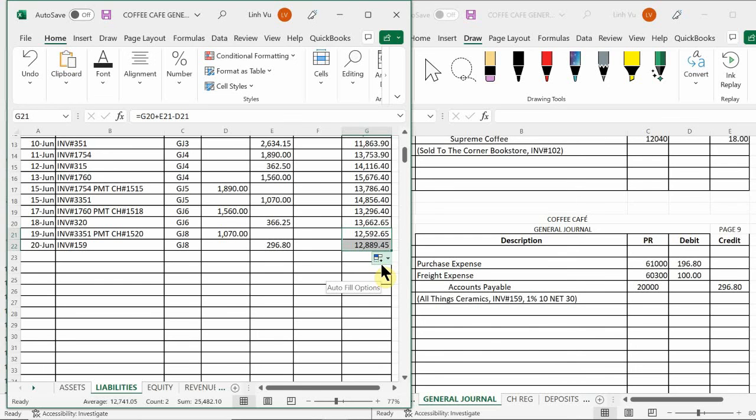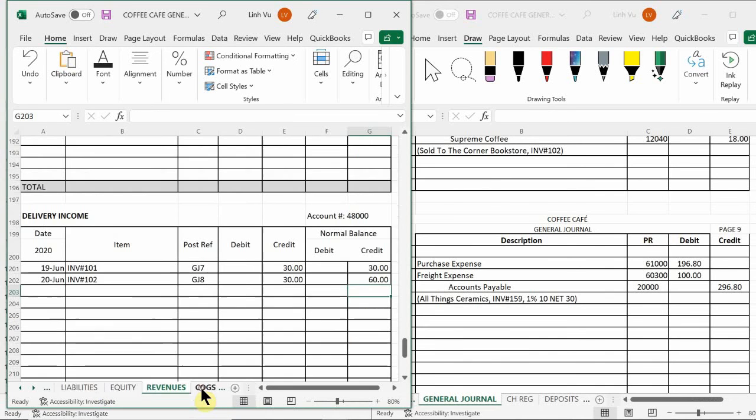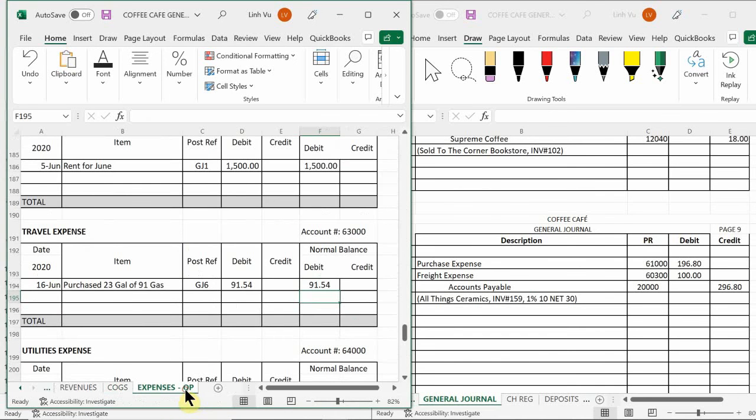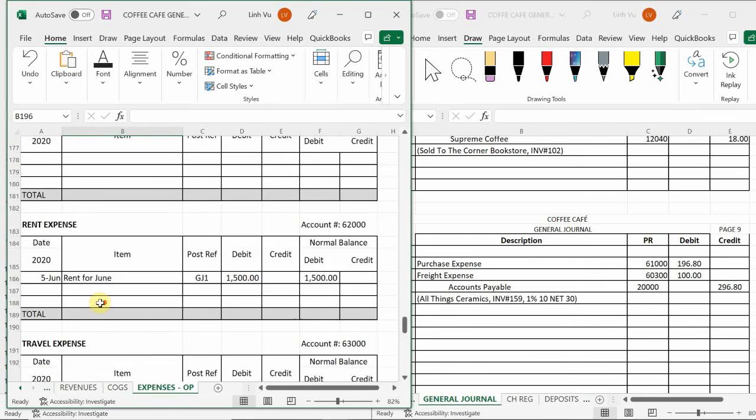Oh, okay. Yeah, it's 96.80. Okay, good. And then where else do we need to go? Gotta go to our expenses, right? Right. We need to acknowledge that we received inventory. Right.